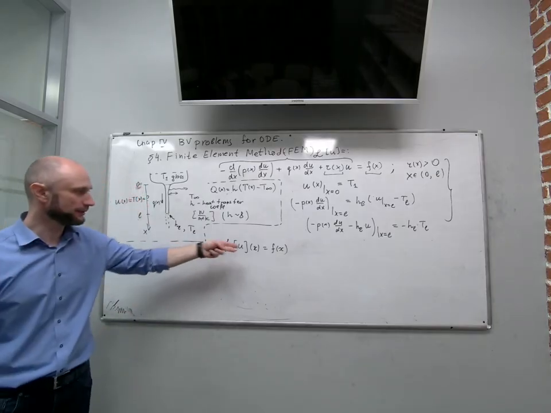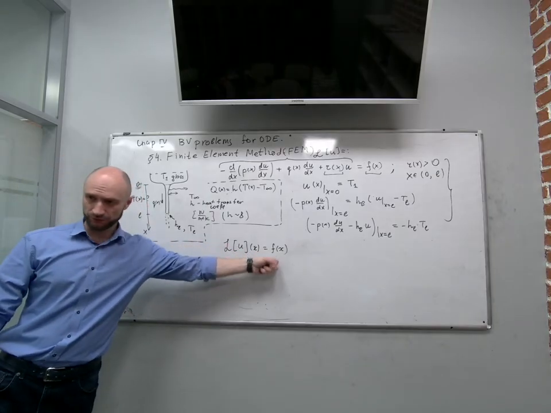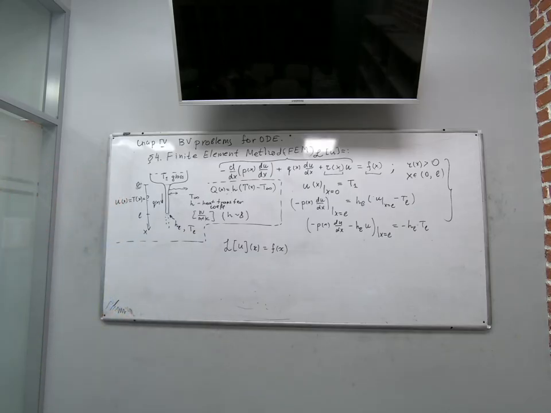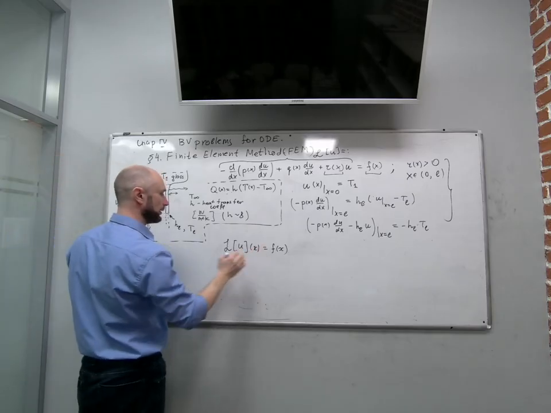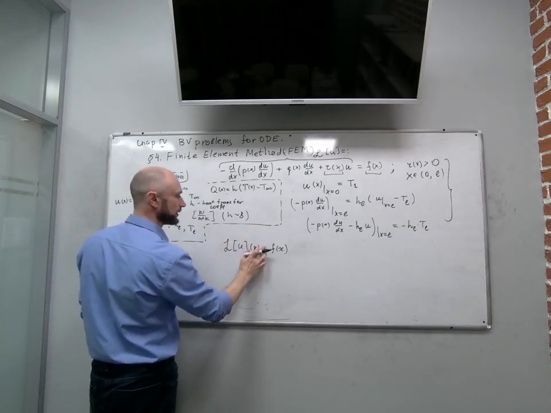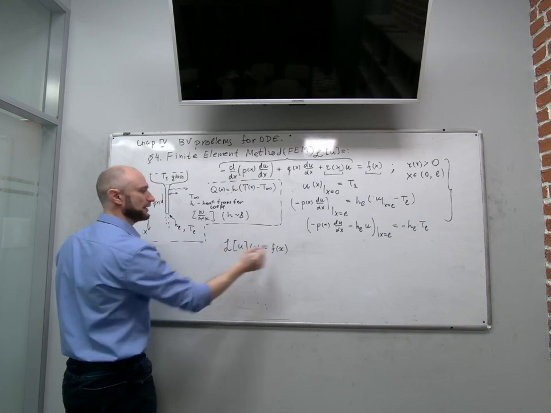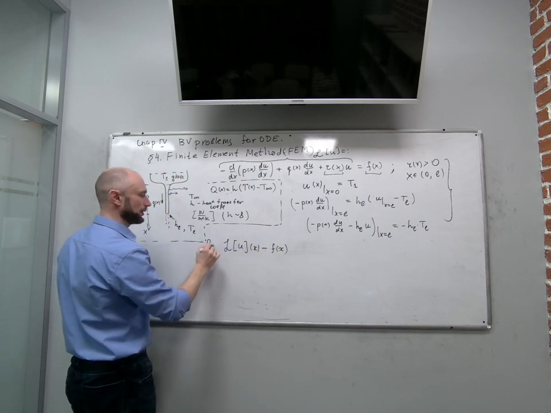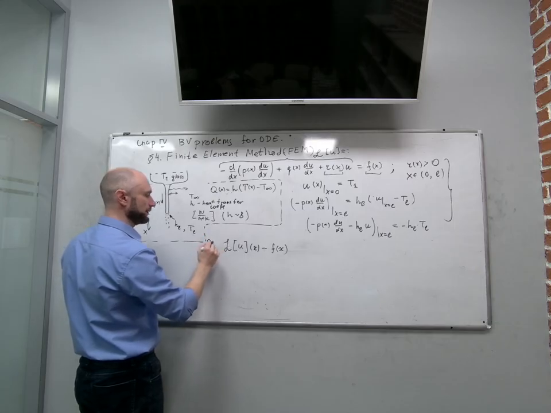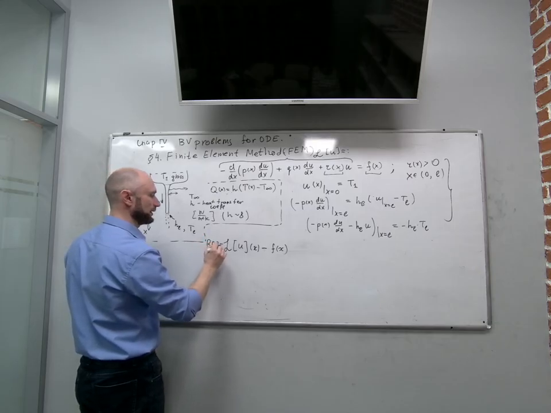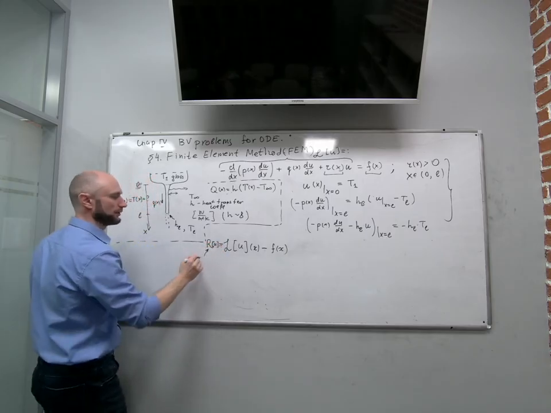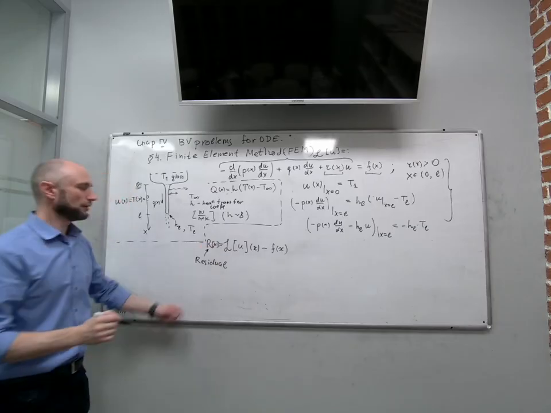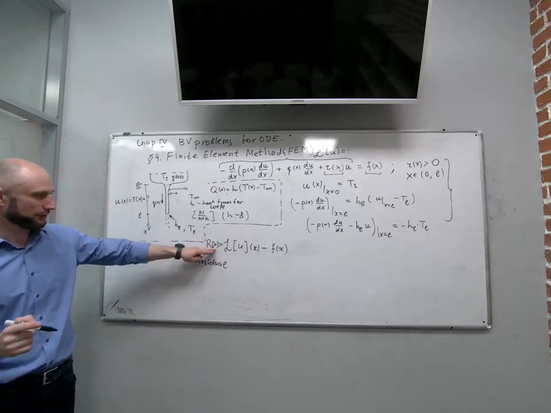Some operator is acting on my U and converts it to F. And I can also put everything on one side of the equation and denote the result of this movement as another quantity, the residual function, or residual operator, actually.